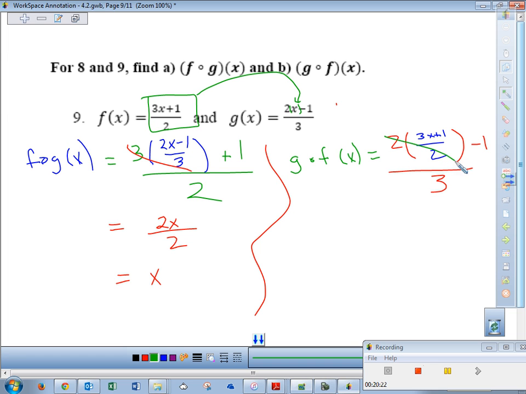Fortunately, the times 2 and divide by 2 are there and cancel each other out. You're left with 3x plus 1 minus 1, which is 3x plus 0 over 3. That simplifies to x. Woo! So cool. That is awesome. Why? Tune in next time.